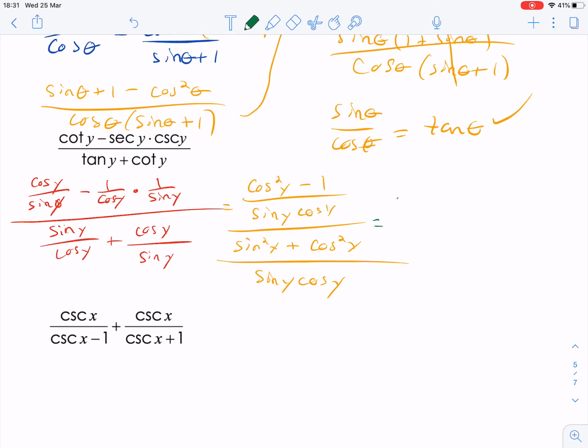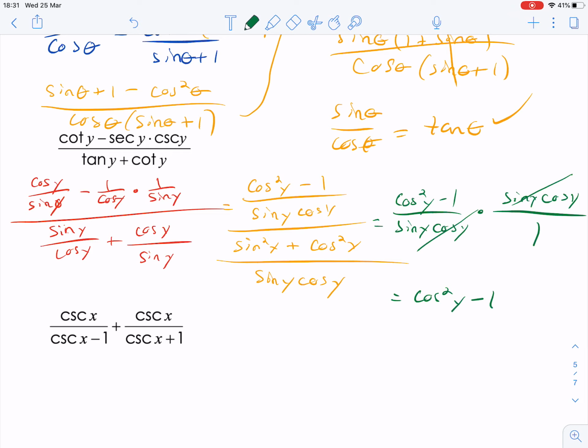Equals cosine squared of y minus 1 all over sine of y cosine of y, times sine of y cosine of y all over 1. Sine squared of y plus cosine squared of y is 1. So cancel, cancel. Left with cosine squared of y minus 1. And what is that equal to?